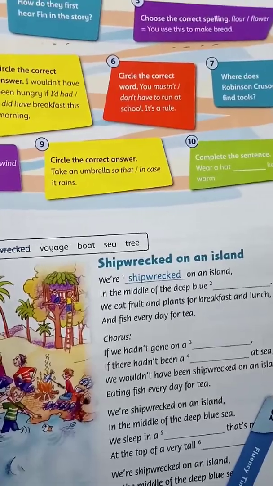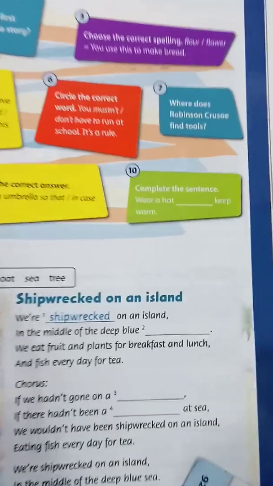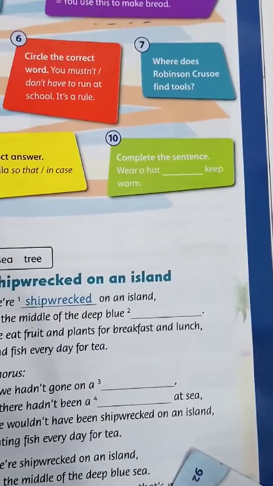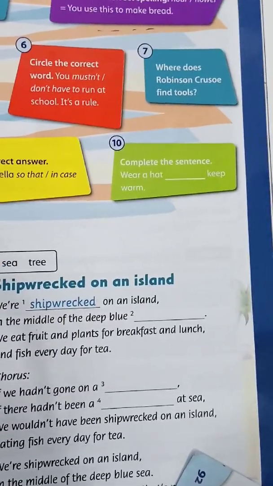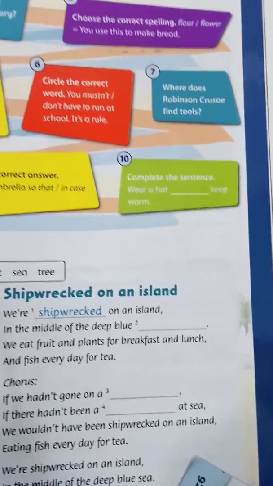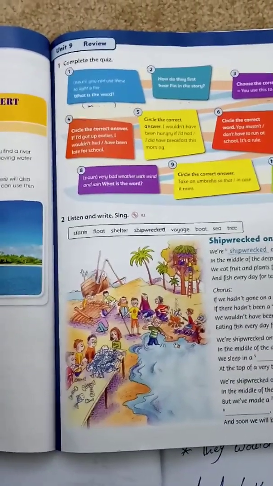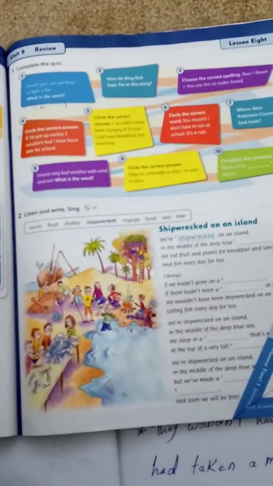Take an umbrella so that or in case it rains. 10. Complete the sentence. Wear a hat dash keep warm. It's so easy. So try to solve these questions and the homework that I gave you so that on Thursday I'm going to make you a quiz, and let's see.